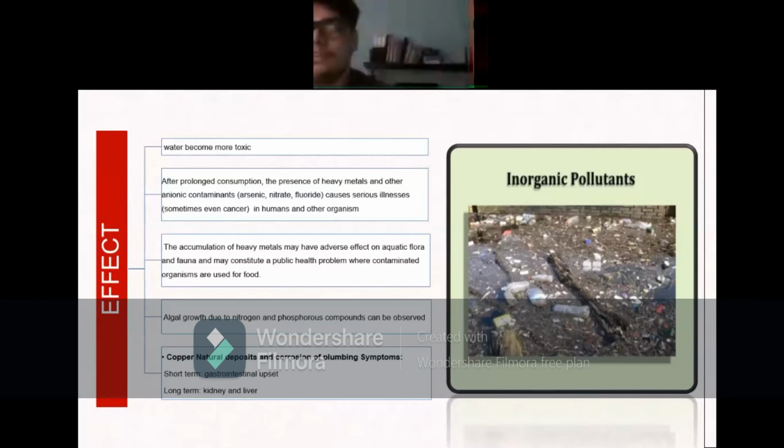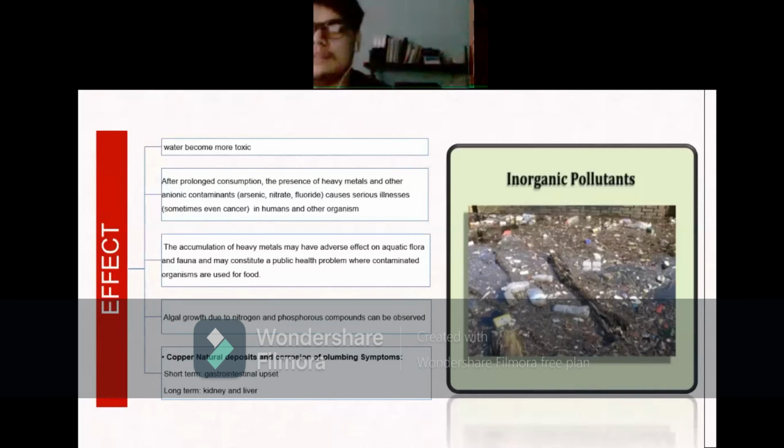After prolonged consumption, the presence of heavy metals and other ionic contaminants such as arsenic and fluoride cause serious illness, sometimes even cancer, in humans and other organisms.